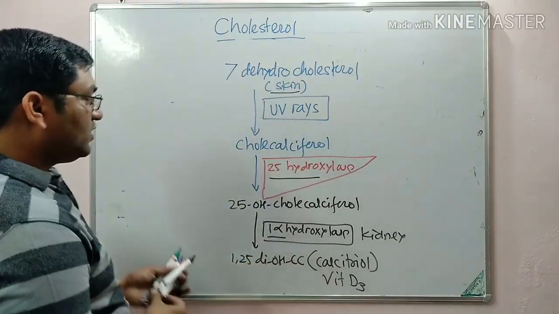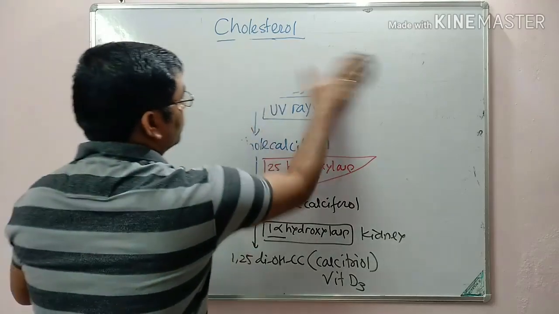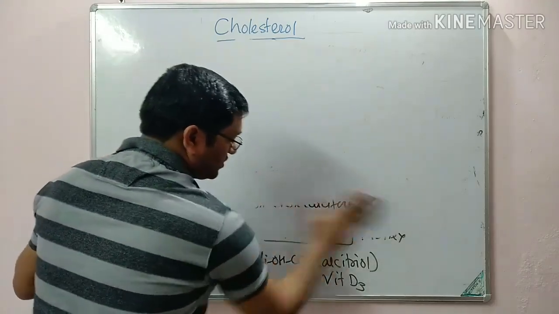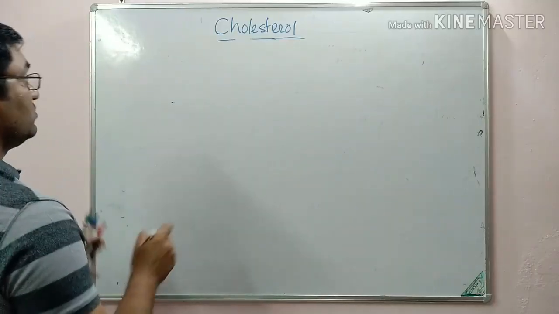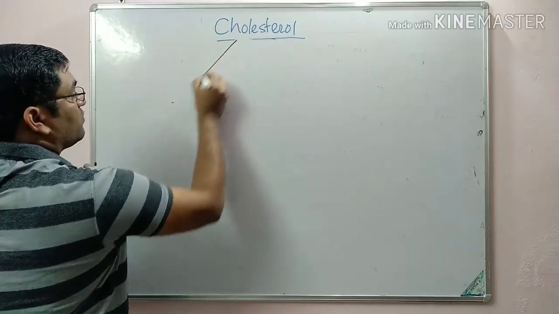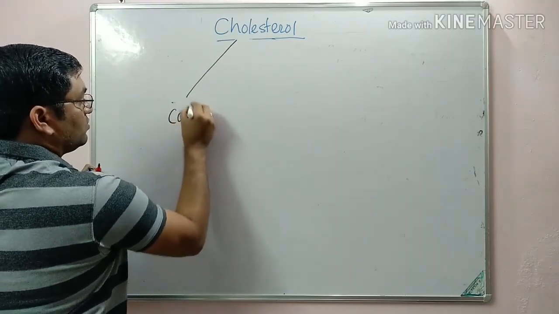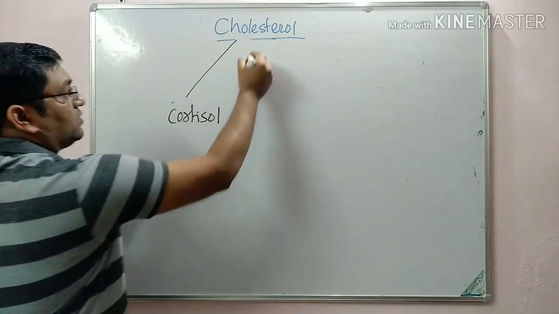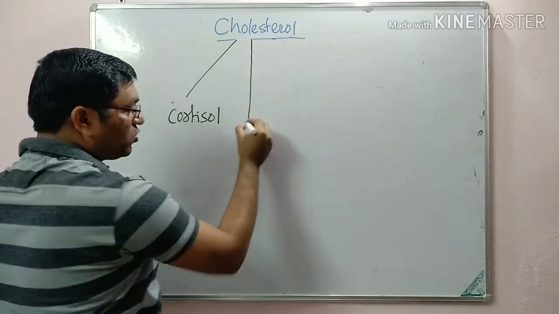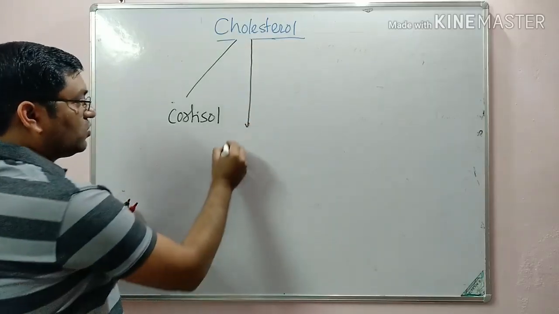Now coming to the third, that is the steroid hormones. Cholesterol acts as a precursor for the synthesis of cortisol. Then it is useful in the synthesis of mineralocorticoid, that is aldosterone.